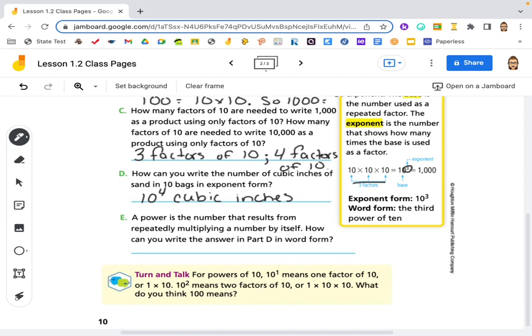Well, we say the 4th power of 10 cubic inches. You also often hear 10 to the 4th power cubic inches. So then we're going to go to the next page.